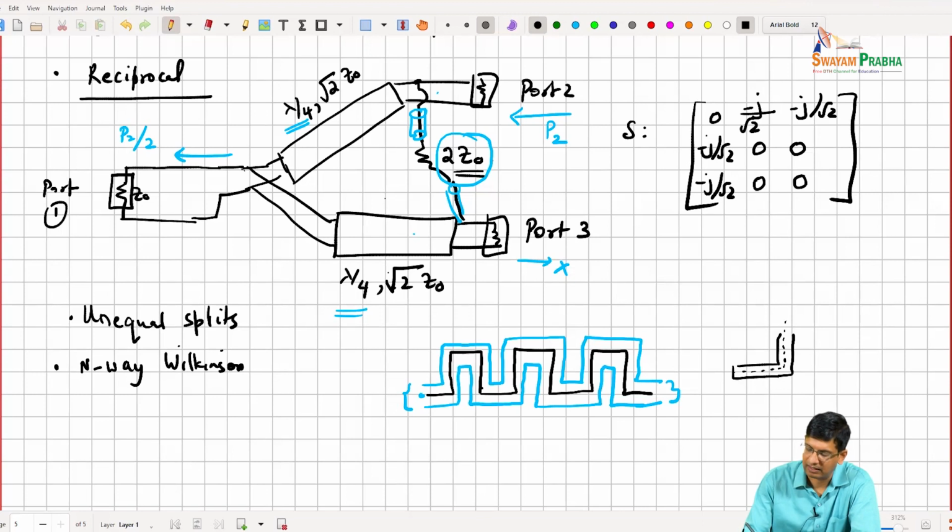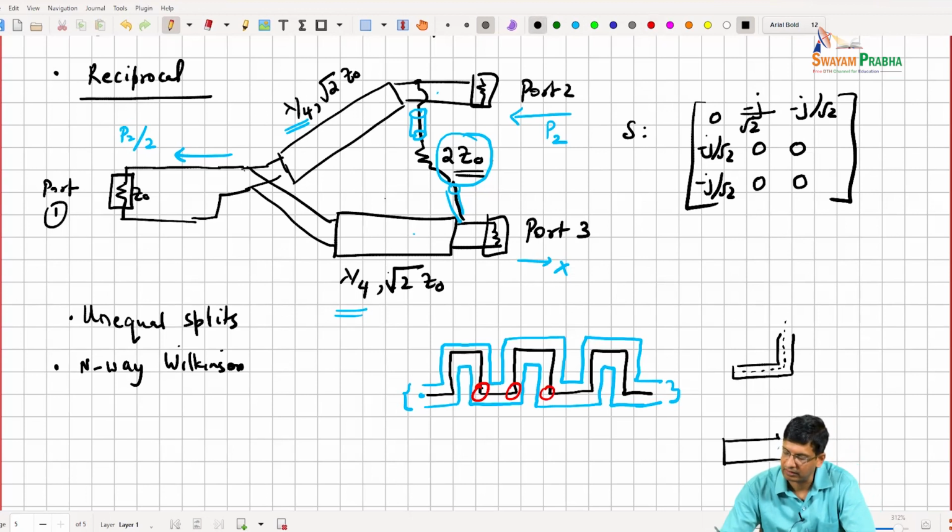There are some good practices in doing these bends. So instead of making these bends like that, this is the bend, but each of these bends effectively produces an extra capacitance.